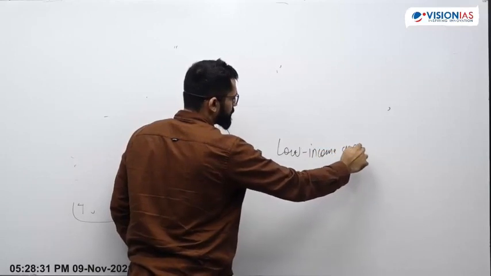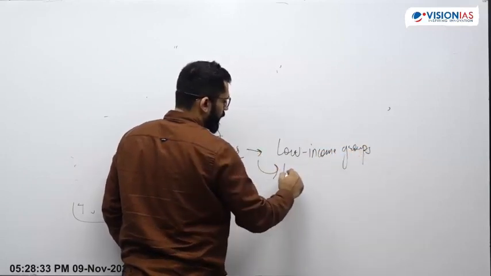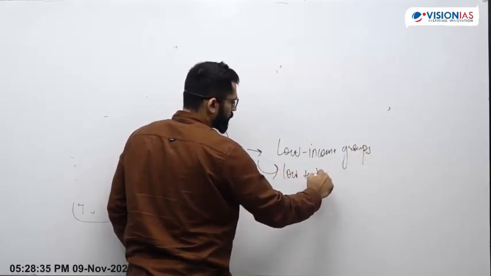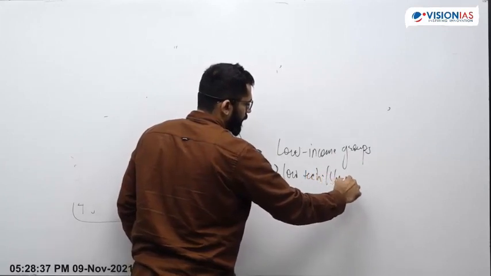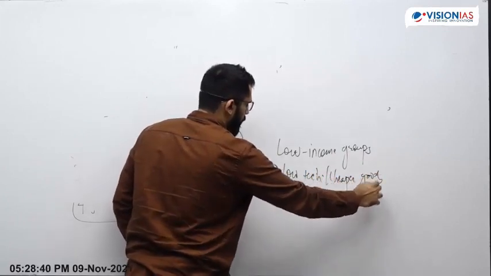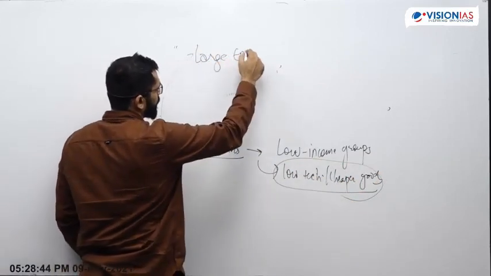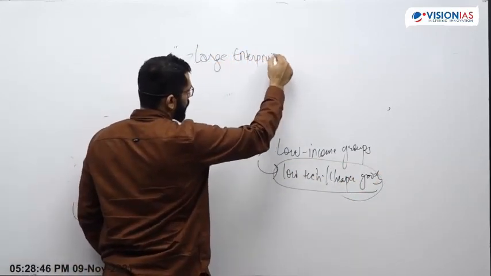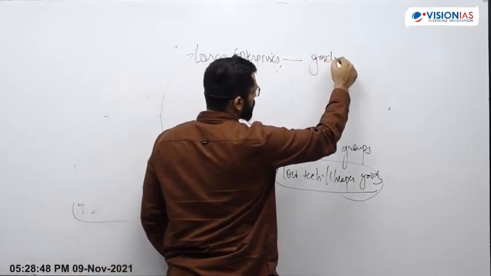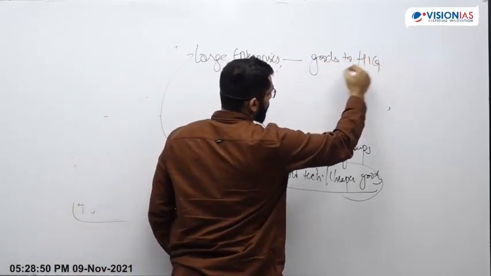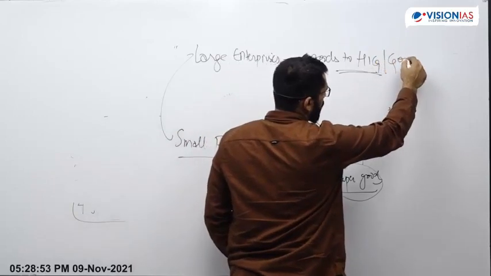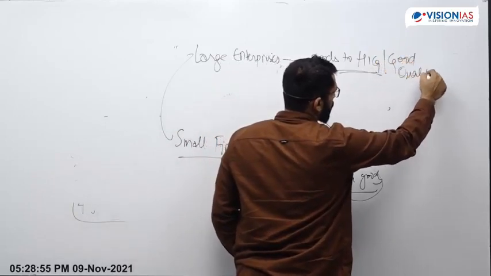They have not invested in their technology, so they are providing low technology, cheaper goods. Then there are large enterprises, those who are providing goods to the high income group. These are good quality, high technology goods.